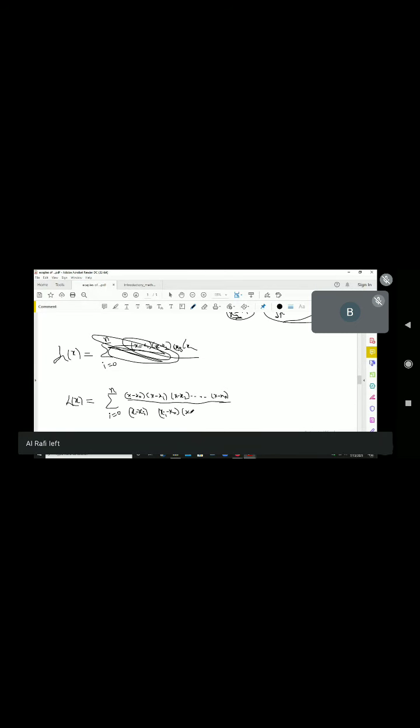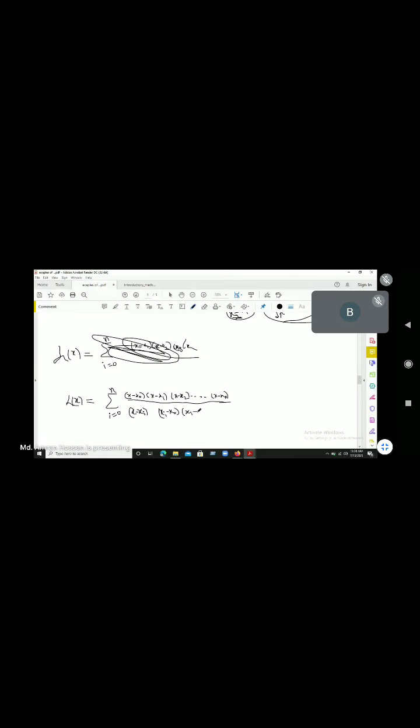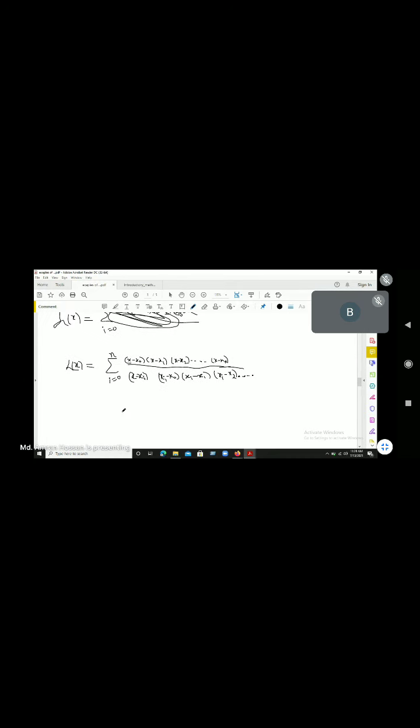If we solve it a little more clearly, here will be xi minus x1, and here xi minus x2, dot dot. I'm not writing more. If you want to write down more step by step, if you write down the details of this summation, what is happening?